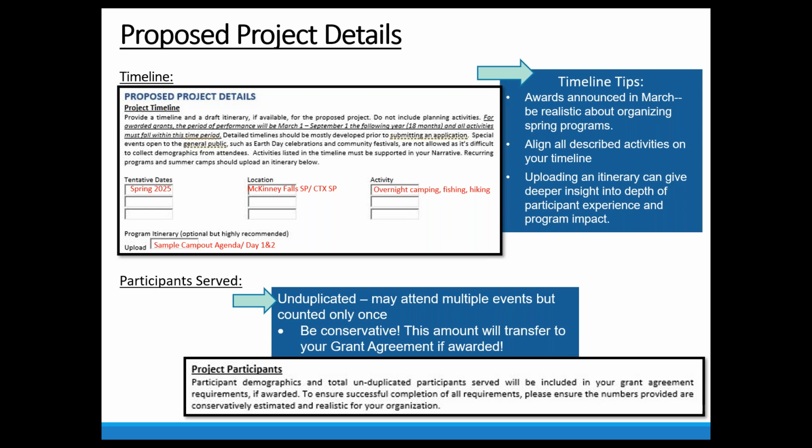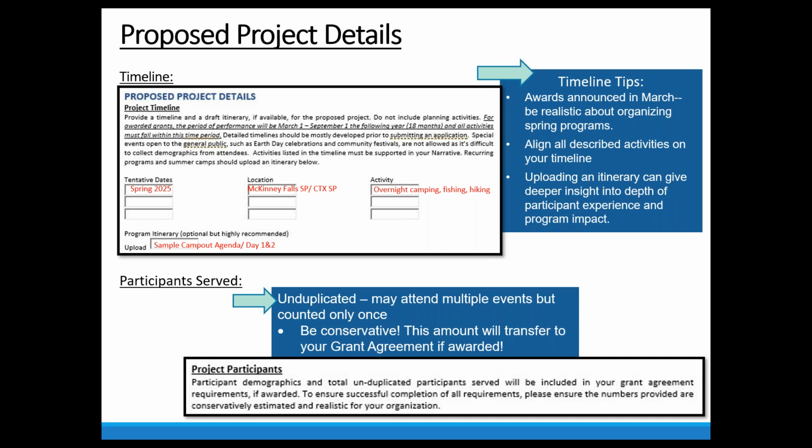When you're thinking about the participants that will be served in your project, we're asking you to make an estimate of unduplicated participants. So you may have participants that are attending multiple events or monthly events, and that's great. We really value that repeat exposure, but the number that we're looking for here are unduplicated participants.